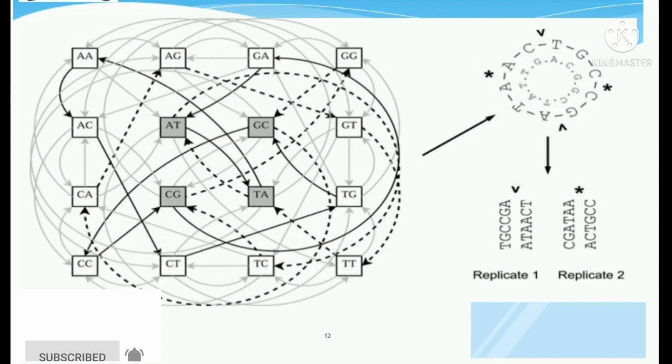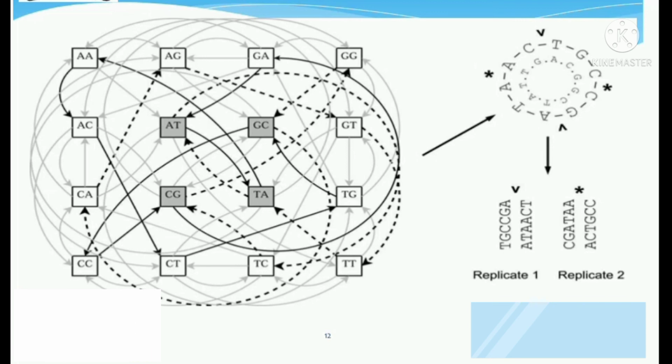In the second graph we can see we can form a cycle, with the center cycle and the outline cycle. Then in the third graph we can develop the sequences DGCCGA, TGCCCA, then ATAACT, CGATAA, ACTGC.